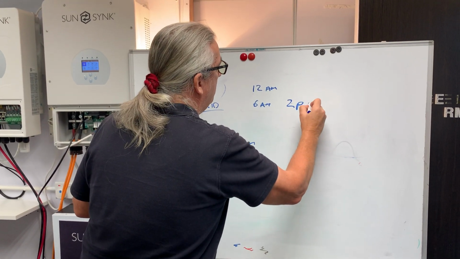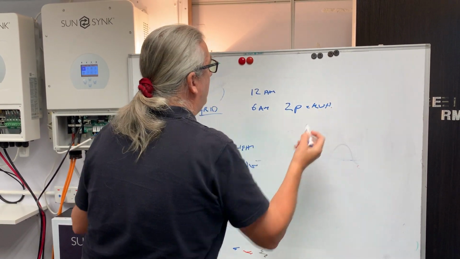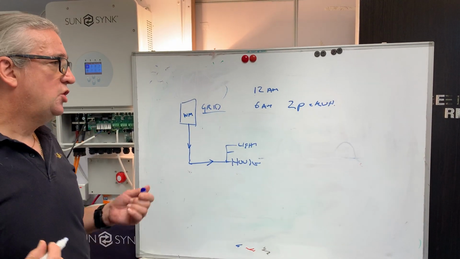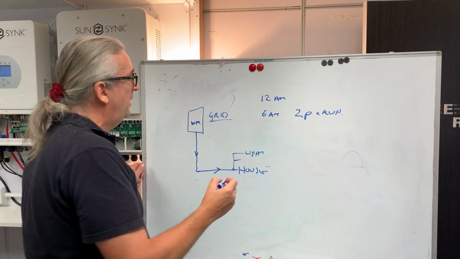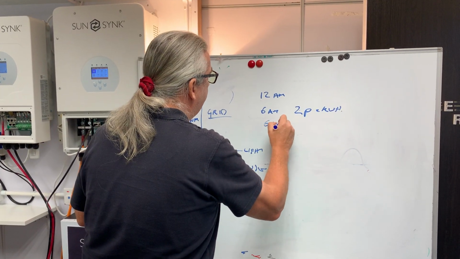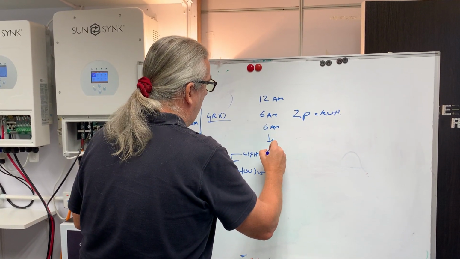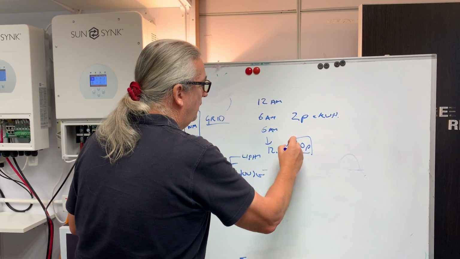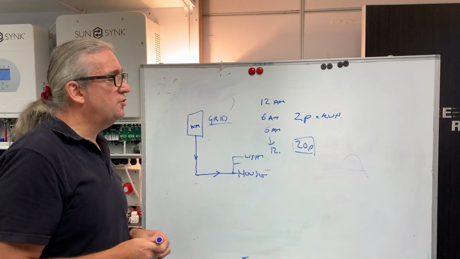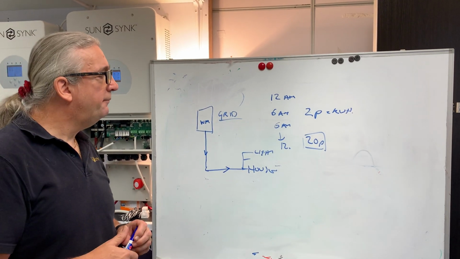So 2p per kilowatt hour. Now this varies. Some providers may charge you 6 pence, 7p, depending on the deal you get. And then from 6 a.m. until say 12, my price goes to 20p. Well, I want to use 2p electricity because I save myself a lot of money.